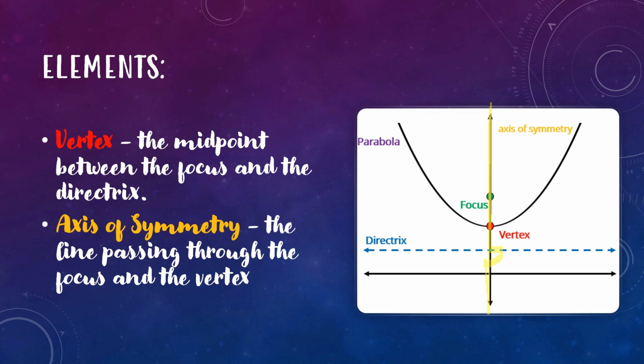Since our vertex is at the sharpest point and the focus is in the middle, if you notice the axis of symmetry, the left side and right side are equal. So the axis of symmetry also divides the parabola into two equal parts.